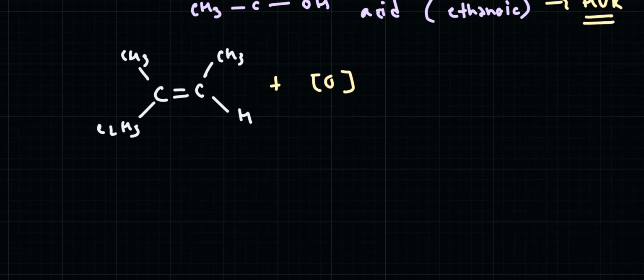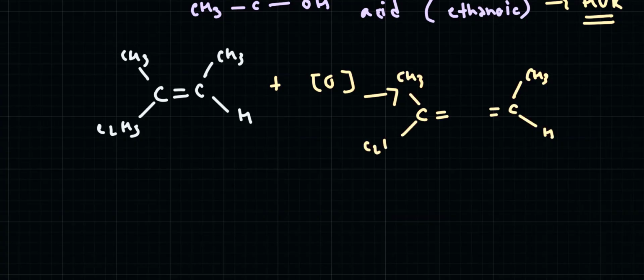Now, it's going to break the double bond down. Double bond broken. One side CH3 and H, the other side CH3 and C2H5. The first thing it does is oxidize by adding oxygen to the double bond.